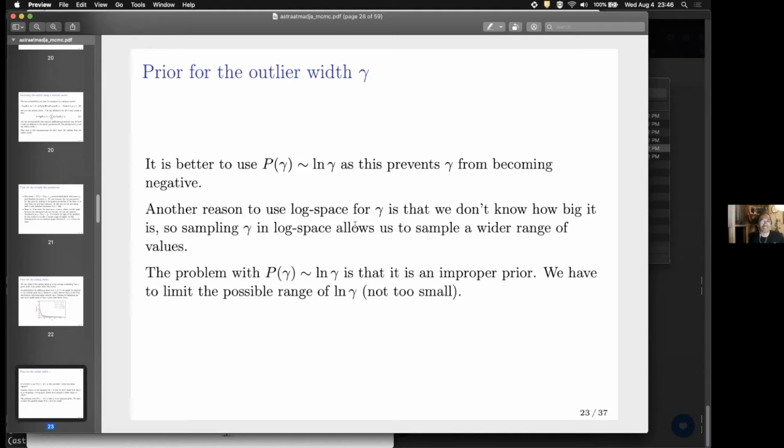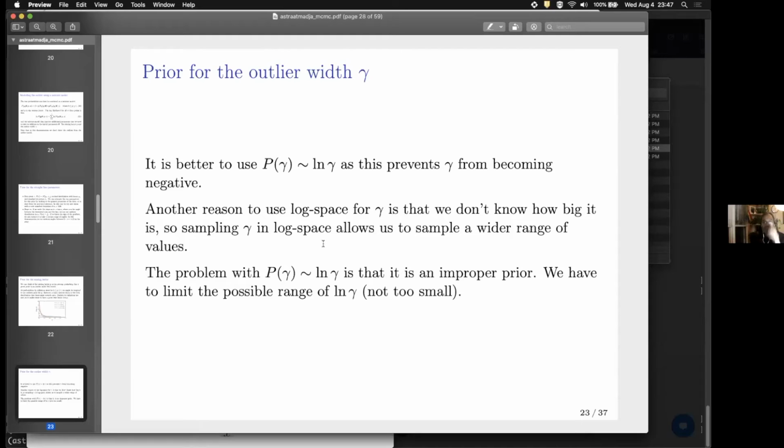Why? Because first, it forces the width to be positive, because if we take the exponential of the log, it will always be positive. And second, it allows a wider range in the parameter. It can sample the very small when it's highly negative, but it can also sample the very large when it's highly positive.